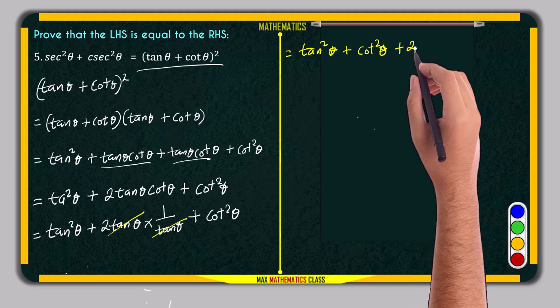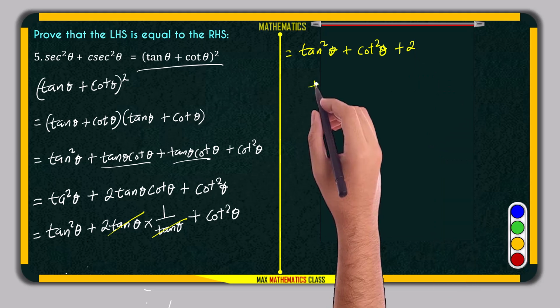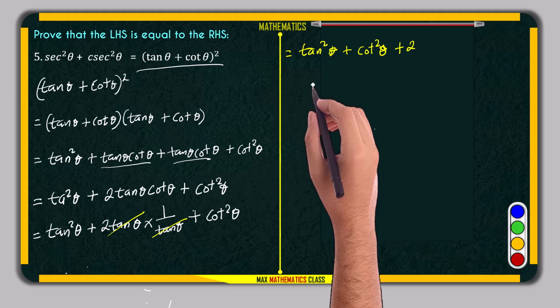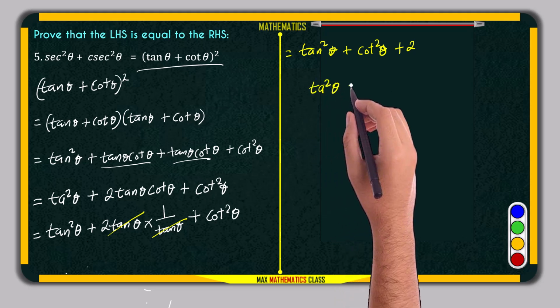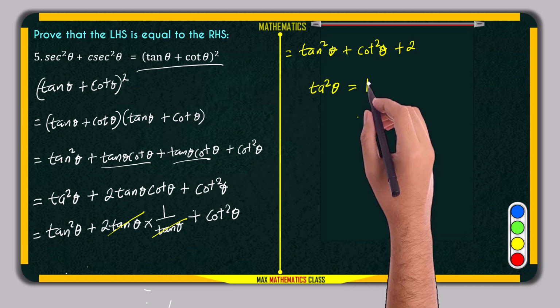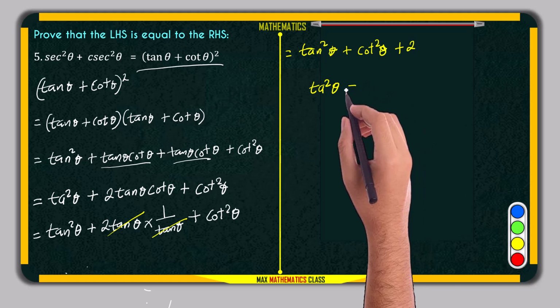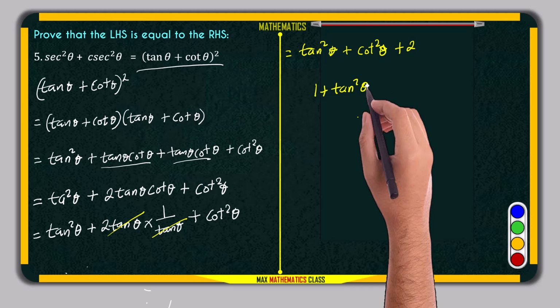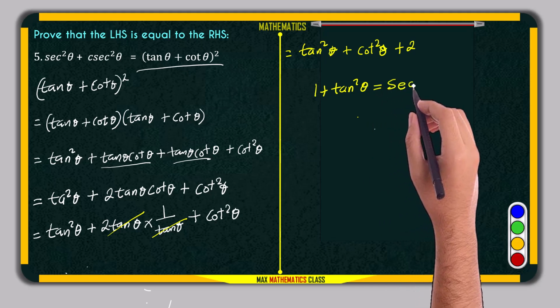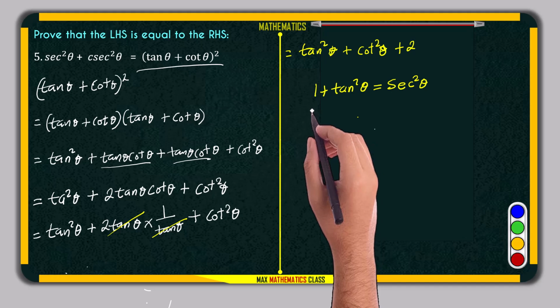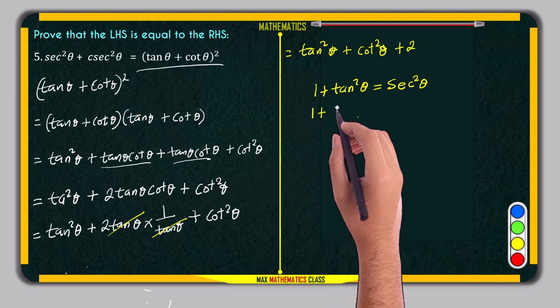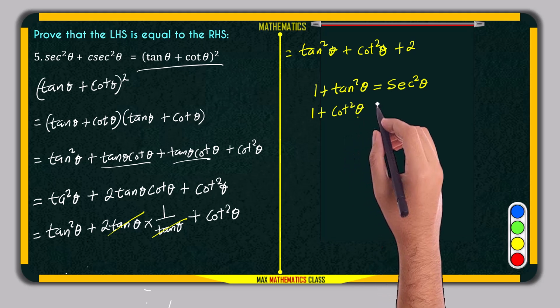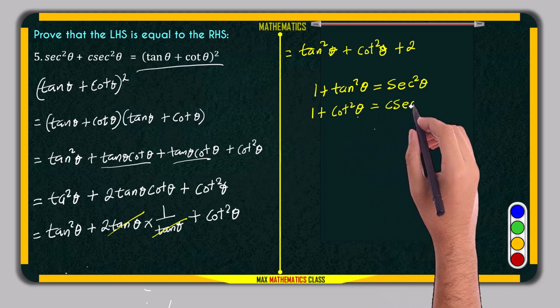And we know again from one of the identities we showed that 1 plus tan square theta is equal to sec square theta. And again 1 plus cot square theta is equal to cosec square theta.